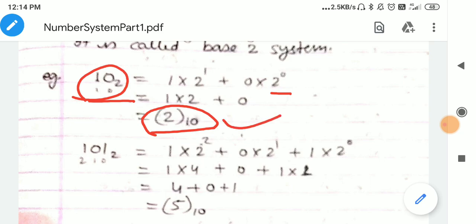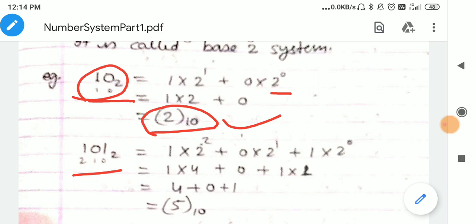Well, taking another example, the second one is 101. It is a binary number, and to solve it, just use the previous example. It becomes 1 into 2 to the power 2 plus 0 into 2 to the power 1 plus 1 into 2 to the power 0.